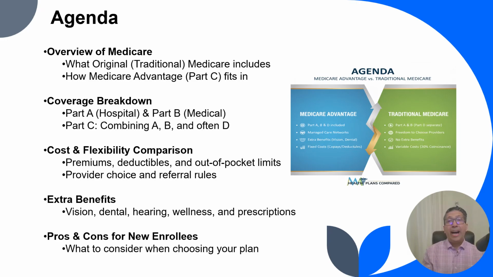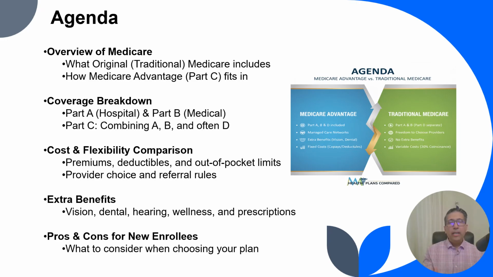Part B covers outpatient care and doctor's visits, preventive services, and some medical equipment. So, for instance, if you are hospitalized for pneumonia, which is pretty serious, right? So, Part A covers the stay, Part B covers the follow up visits with your doctor and your oxygen machine at home if you need one.